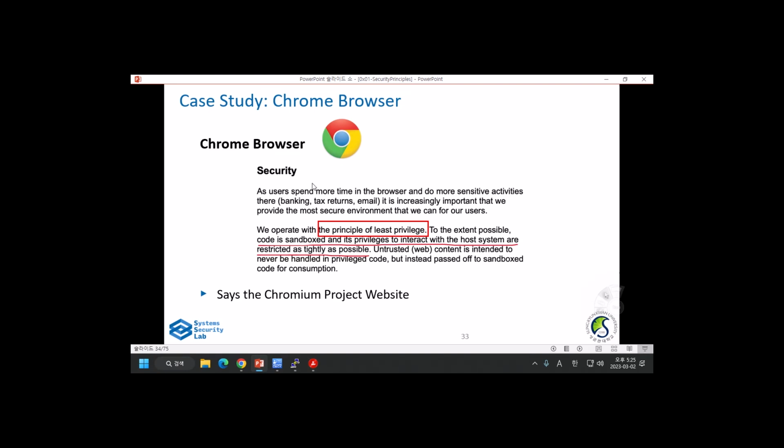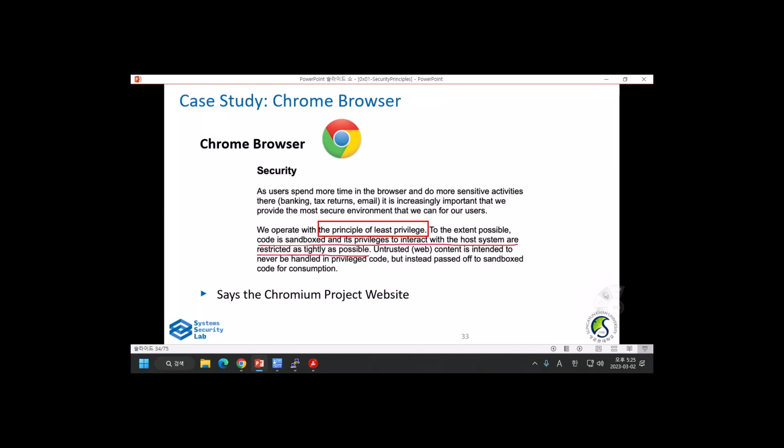Okay, so let's skim through. This is from Google's Chrome browser architecture document. As users spend more time in the browser and do sensitive stuff, it is increasingly important that we provide the most secure environment that we can, right? So we operate with the principle of least privilege. We security researchers know where this term is from.